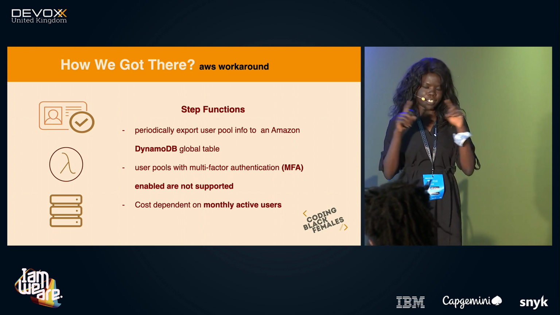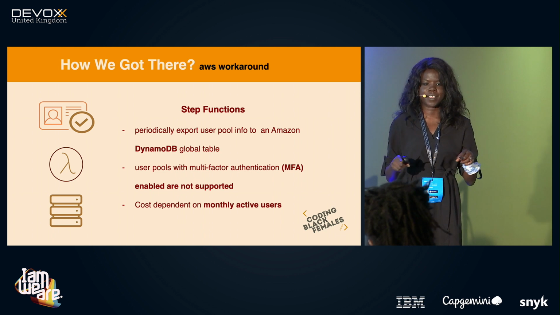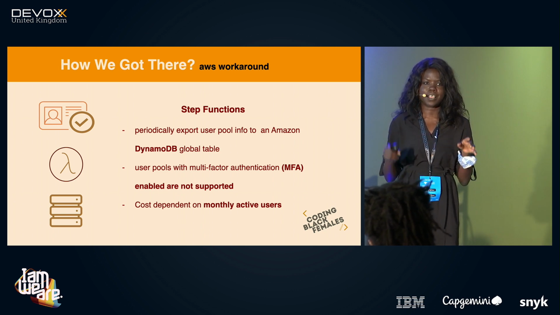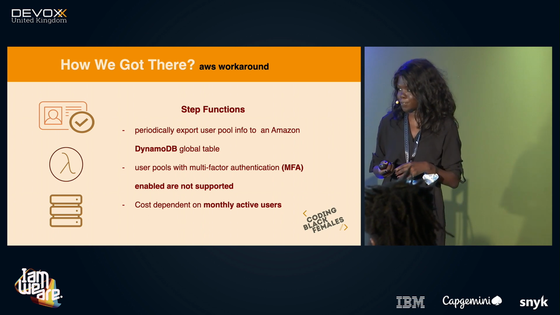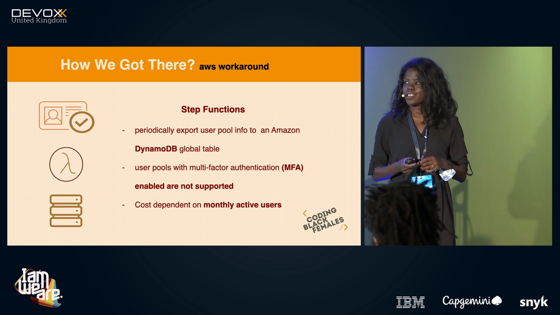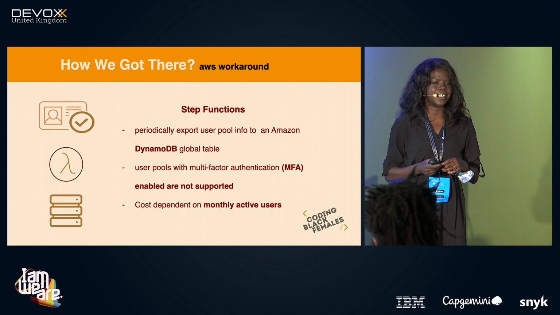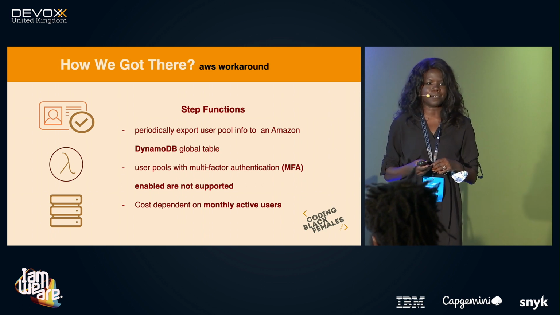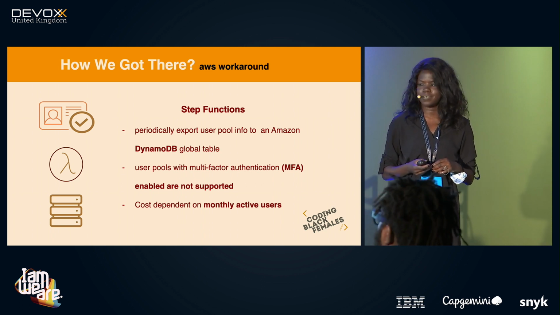And what I just described is, in simplification, the export workflow step function within AWS. The only thing Amazon adds is that if you do want to use that option, multi-factor authentication, if you set that up, is not supported.